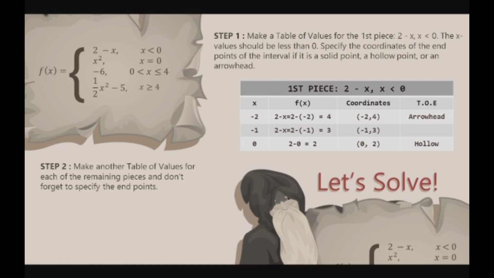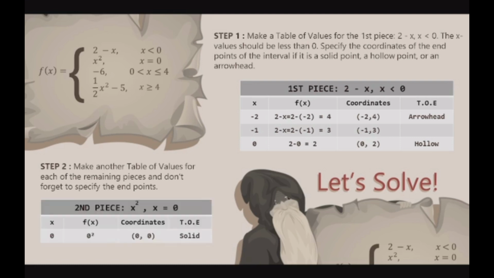Step 2. Make another table of values for each of the remaining pieces and don't forget to specify the endpoints. For the second piece, we have x squared if x is equal to 0. If the value of x is 0, we have 0 squared. The coordinates are (0, 0), and its type of endpoint is a solid point.